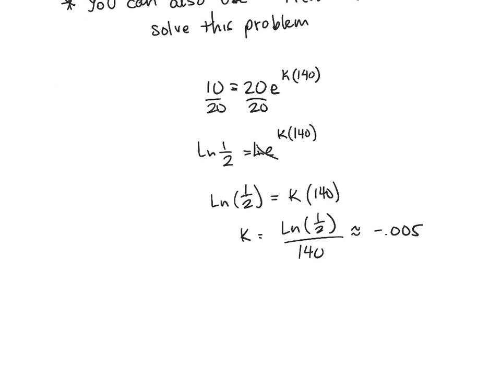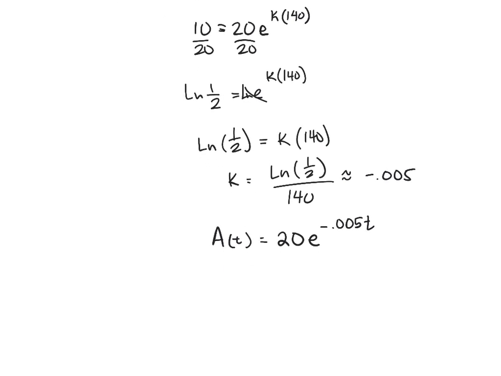So the model we can use then is the amount at any time t is the initial value 20 times e to negative 0.005 t. And then you can use that model to estimate the amount remaining after 365 days, because remember, we have to use the same value of time. This relative growth rate is in terms of days, and so if they're asking how much remains after 1 year, we still have to use the same time value of days.